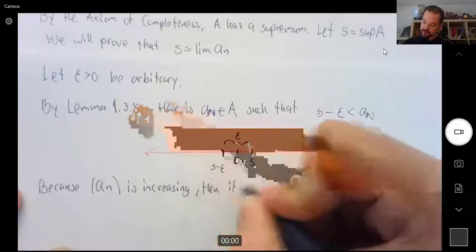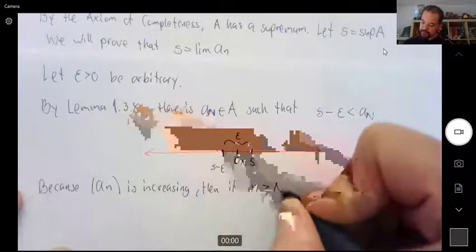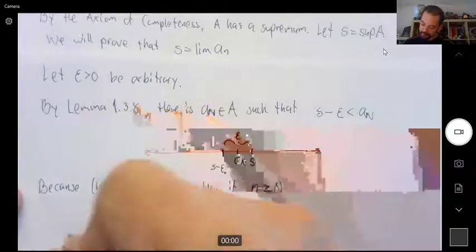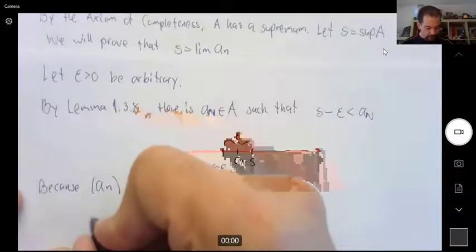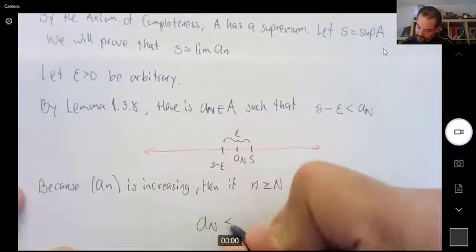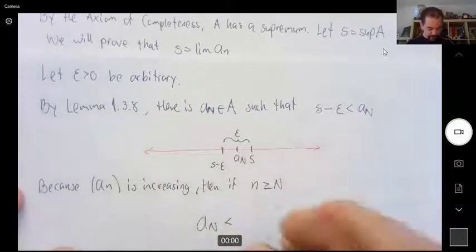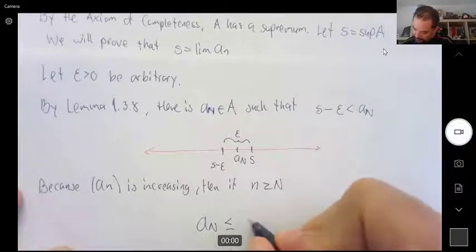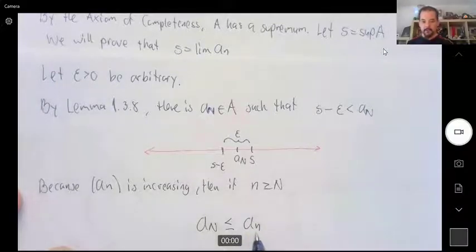then if little n is bigger than capital N, a_n is even bigger, right? If you pick an even bigger index, then the sequence keeps growing. It becomes greater or equal. So maybe it stays the same, but it's for sure greater than or equal.